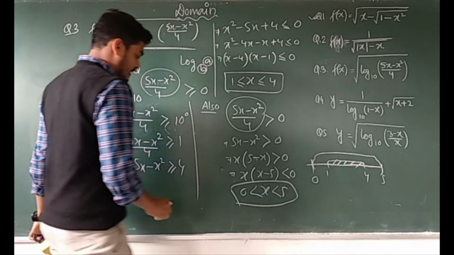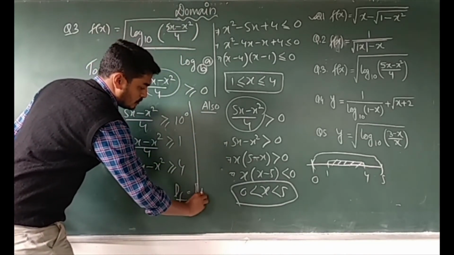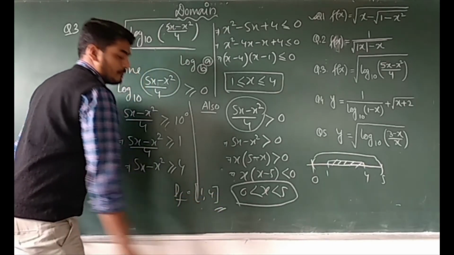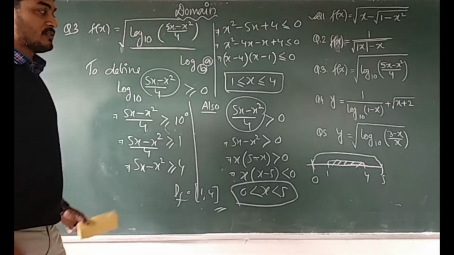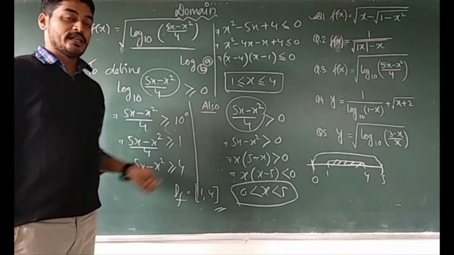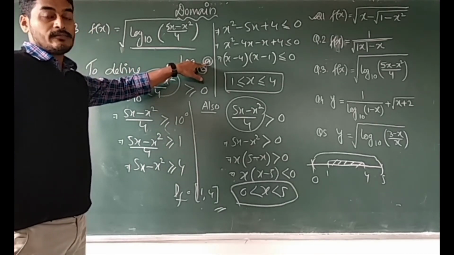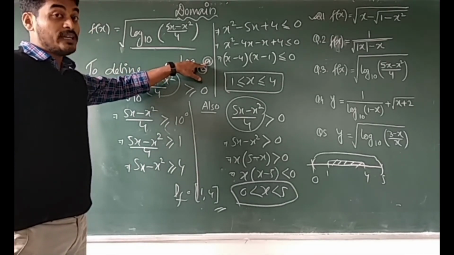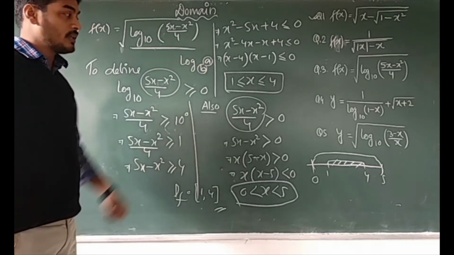Therefore, for this question, the domain of f is 1 to 4. In this way, we write the domain of such a function. Whenever more than one condition arises, we find the intersection. In the case of a logarithmic function, the important thing is that the value of the argument should be strictly greater than 0. It can never be equal to 0.